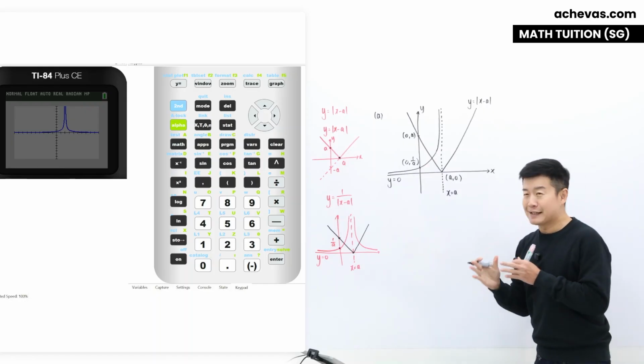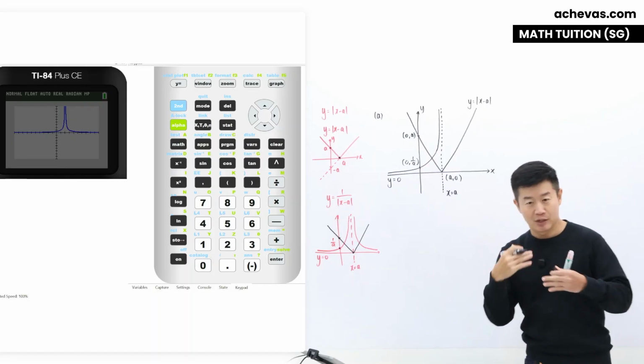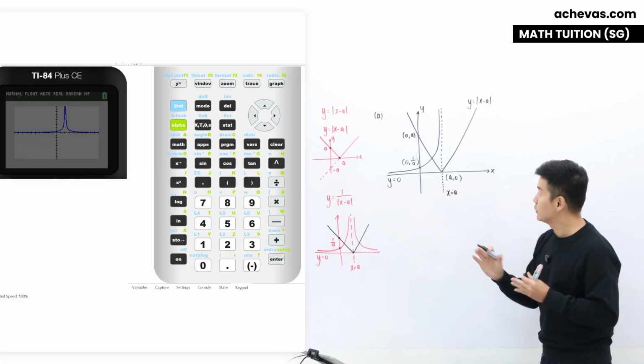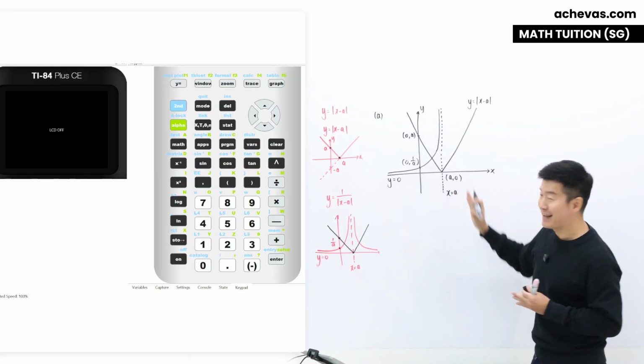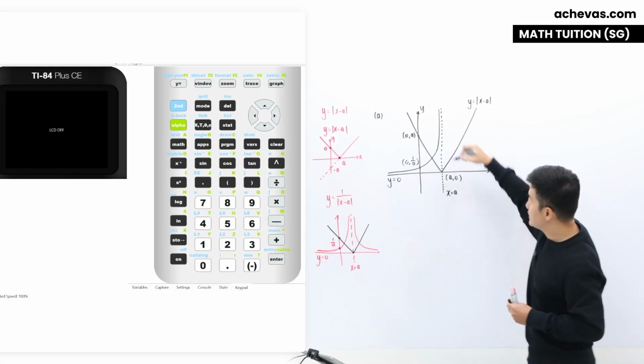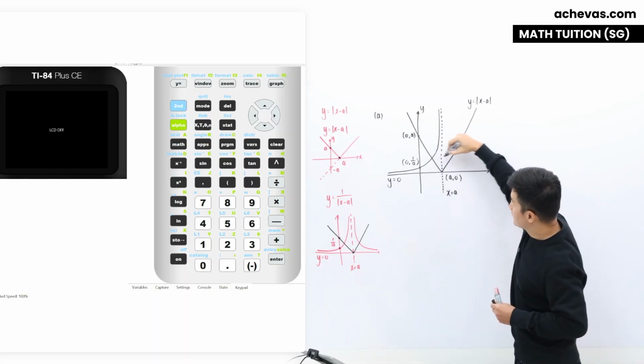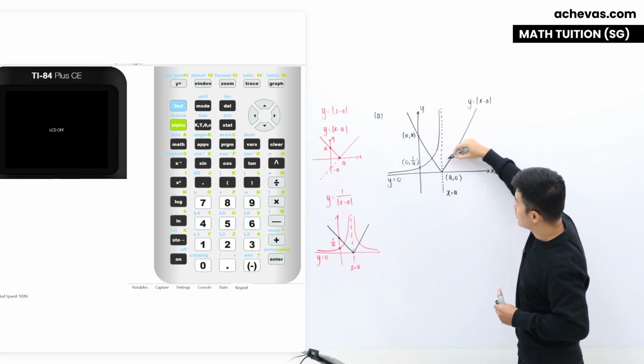And I don't think it is absolutely necessary, but it will be good if you happen to notice that these two graphs are actually symmetrical about the line x equals a, which means that the y coordinates of the intersection on the other side of the graph should be at the same level, maybe somewhere here.